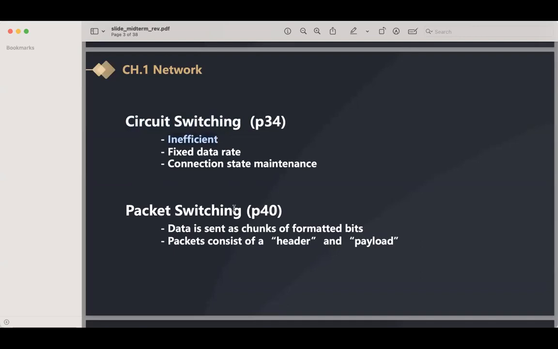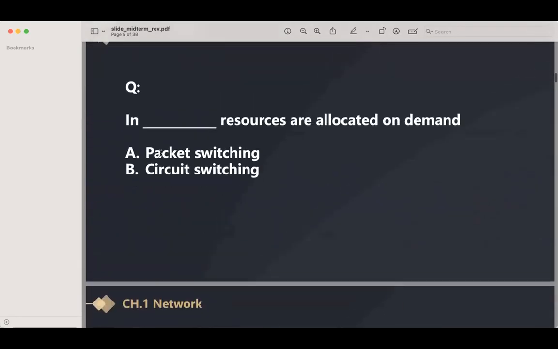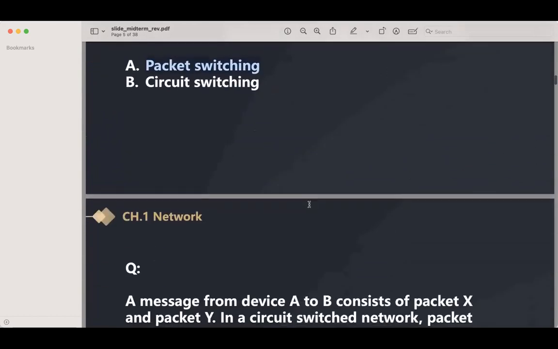But packet switching, which is the internet we are using right now, shares the bandwidth with other people. So this is the difference. If you got the wrong answer, then you need to check this part.